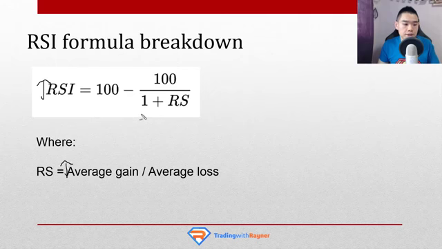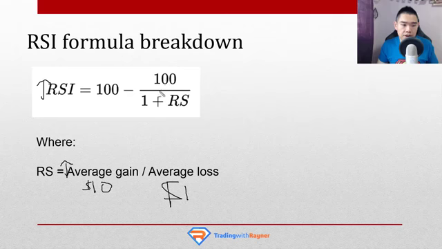Make sense? So let me give you an example. Let's say your average gain is $10, and your average loss is $1. Let's use a simple 10 period RSI. So just put in the numbers. Your RS will be 10, because 10 divided by 1 is 10.